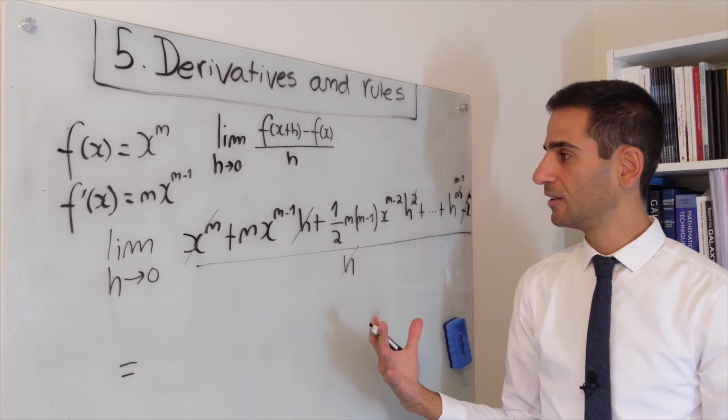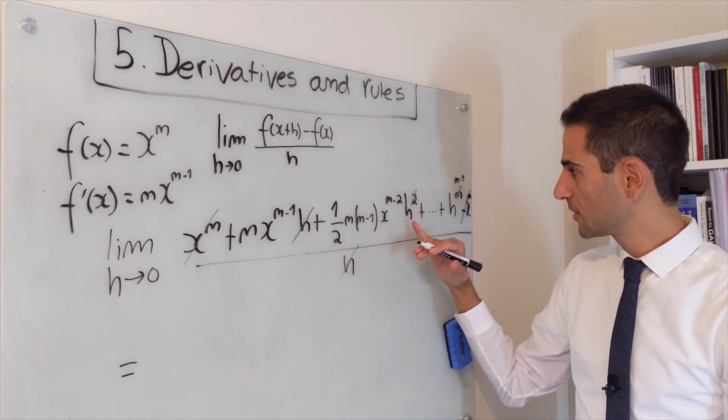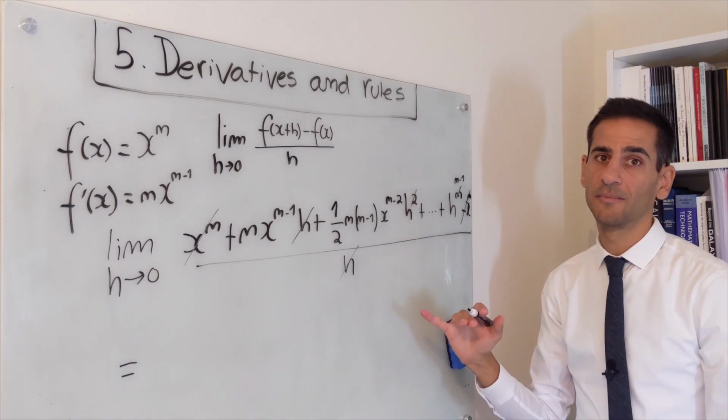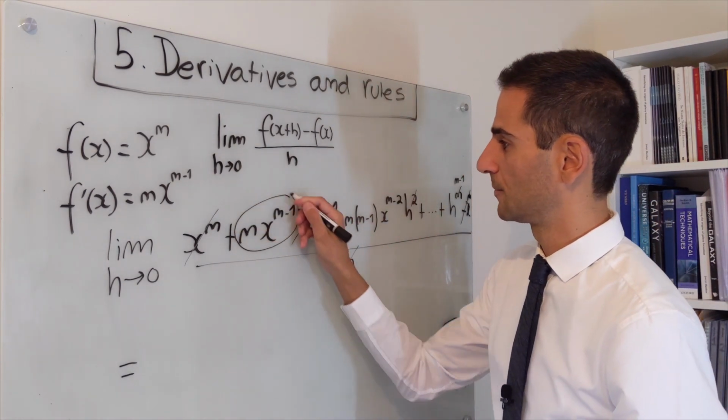Now the important thing here is after cancelling h, all terms will still have an h, so they will be going to 0 except for this term.